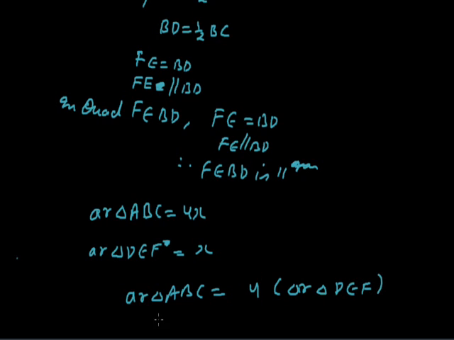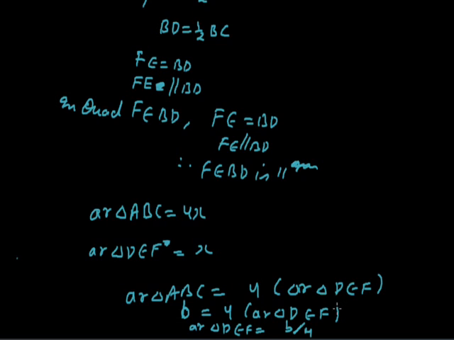Now area of triangle ABC is nothing but b, as given in this question, which is equal to 4 times area of triangle DEF. Therefore area of triangle DEF is equal to b upon 4. This is the correct answer.